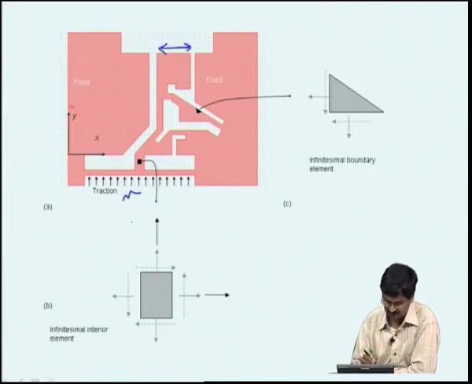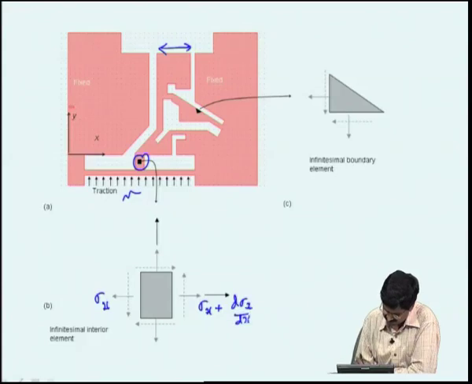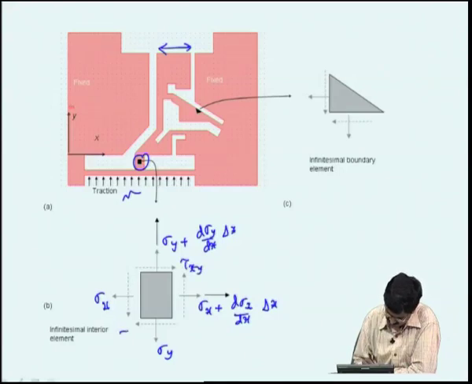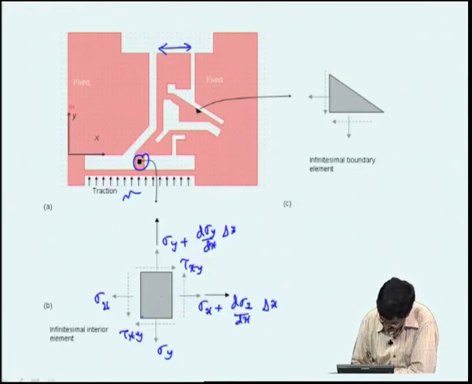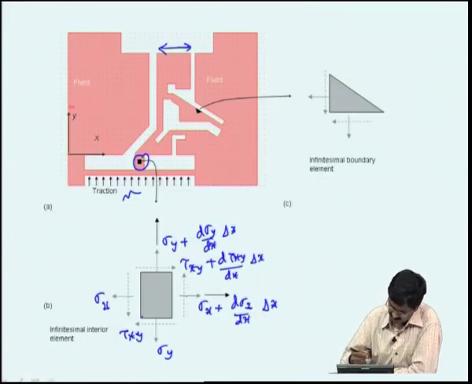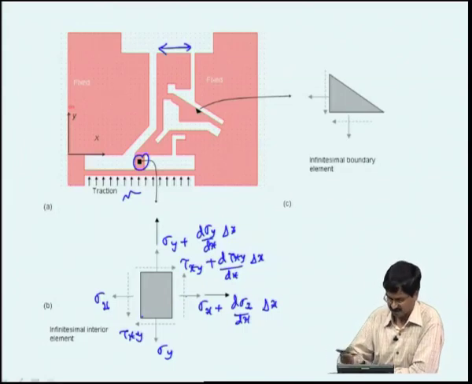If I take a small particle like this, there will be sigma x and a little bit more, sigma x plus d sigma x by dx delta x, and then sigma y plus d sigma y by dy delta y, and there will be tau xy at this corner on these sides. On the other side, we have moved in the x direction, y direction, that will be tau xy plus d tau xy by dx delta x, as well as tau xy plus d tau xy by dy times delta y, that is this one.